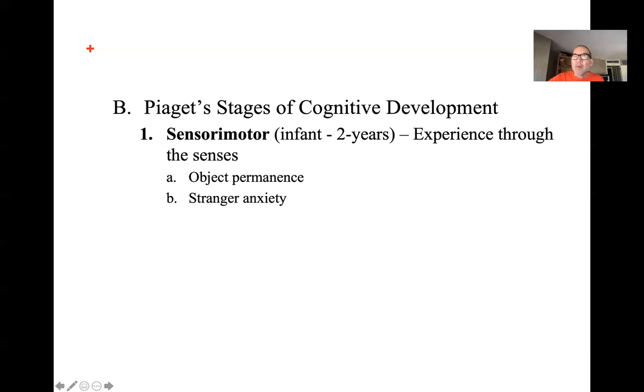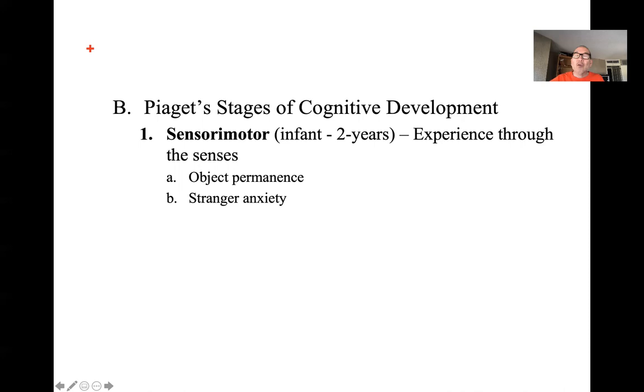A lot of our thinking is still through our senses when we read or see visual information, but also a lot of it is based on abstract categories, which we'll get into in a moment. But we experience the world through our senses and through our motor movement, what we can touch, when we walk or crawl towards something.